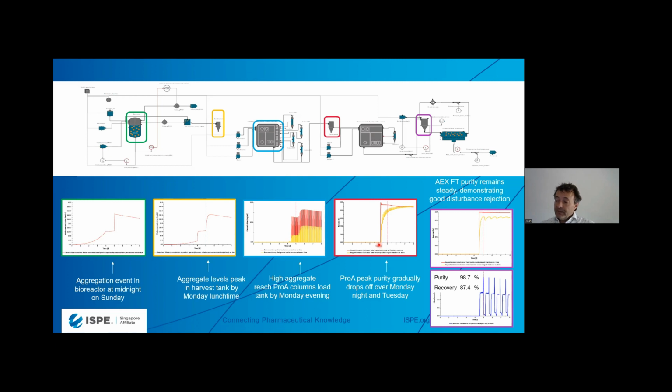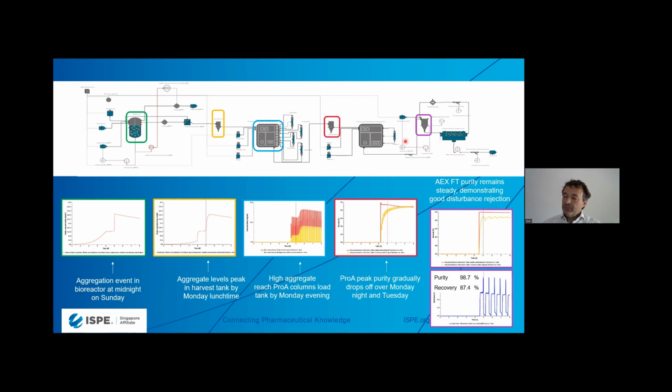And then if you look at the material in this tank, we can see that the purity of the product, the red line, starts to decrease over Monday night and Tuesday. But in this case, for the final column, the AEX, the anion exchange chromatography step, that purity remains steady.